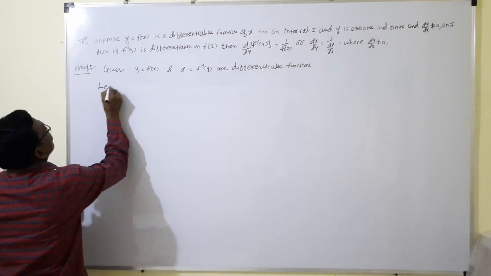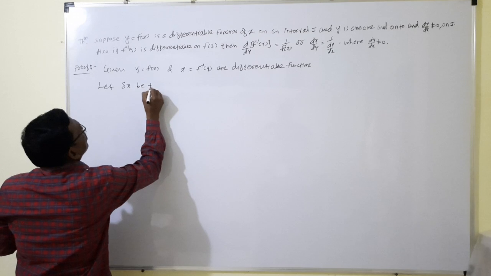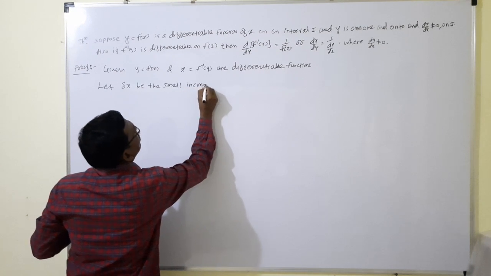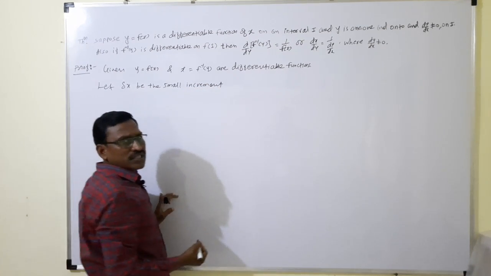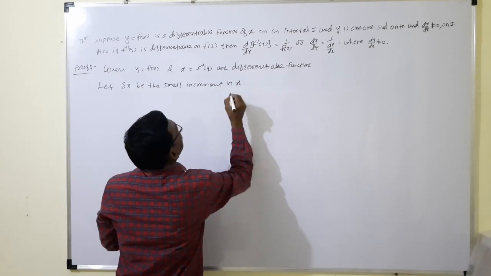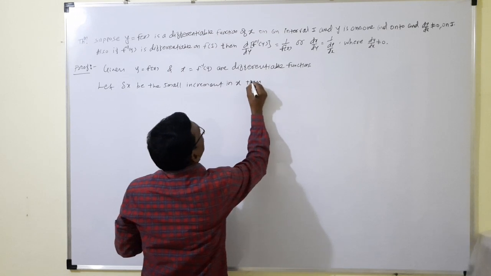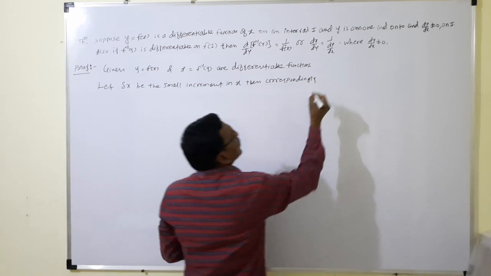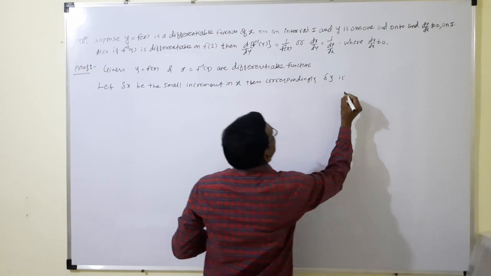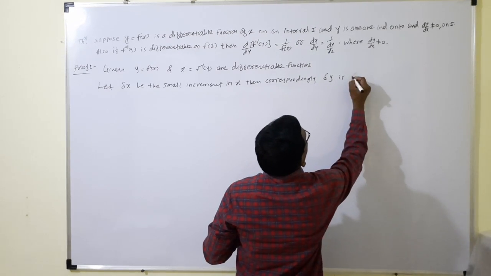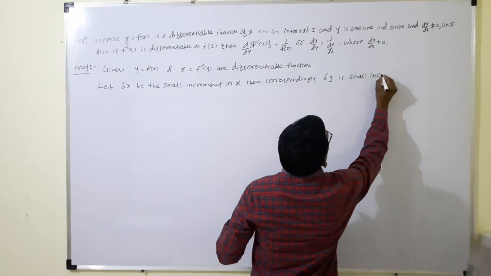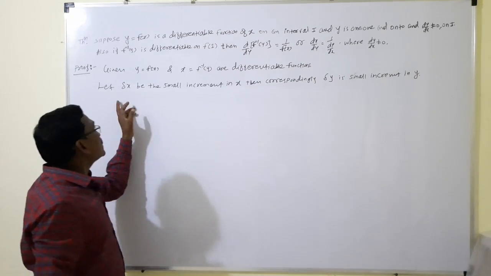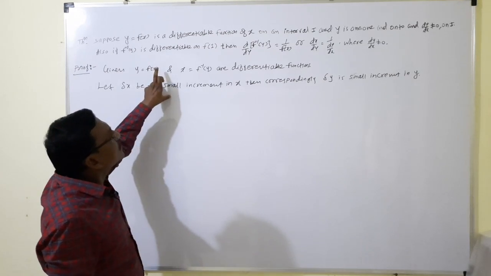Let delta x be a small increment, meaning a change in x, then correspondingly delta y is a small increment in y.